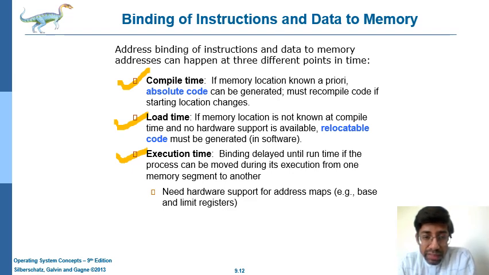So this gives us a little flexibility in moving the program from one location to the other during its execution. This would obviously require some additional hardware support for address mapping, done in terms of dynamic base and limit registers.